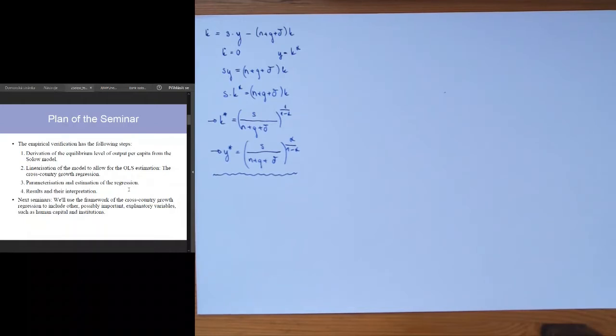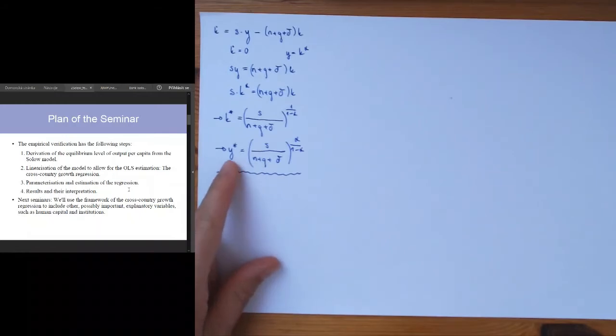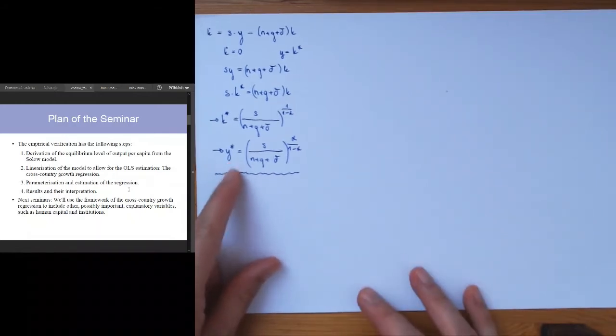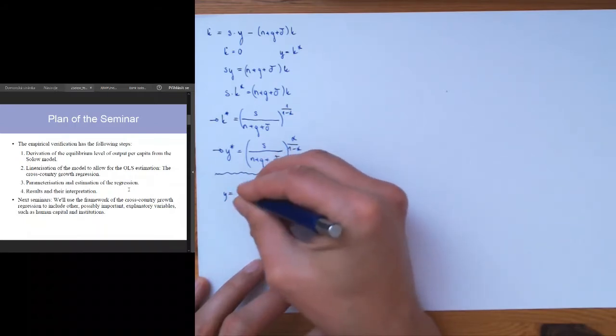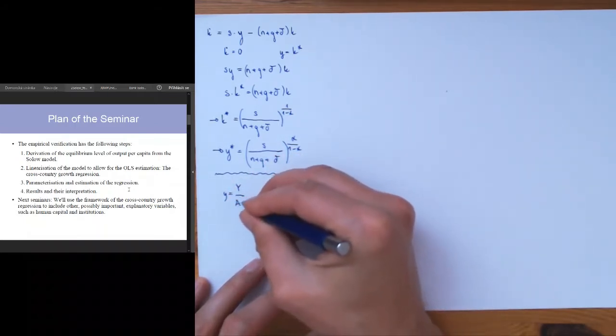Here you can see what are the main steps in the empirical verification. First, we derive the equilibrium level of output per capita. Here, in our equations, we have the equilibrium level per unit of effective labor. Recall that small y equals big Y, the overall output, over AL.